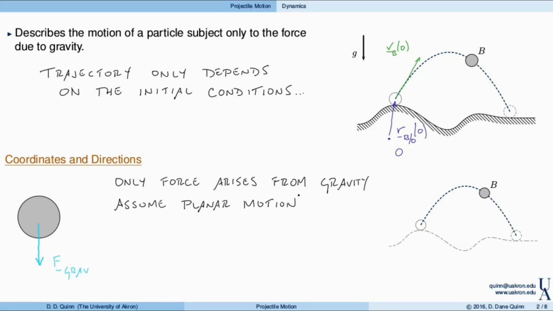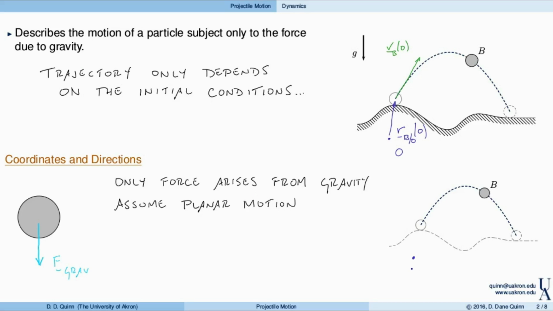Now, we need to describe ultimately the kinematics of this system. So we need to determine coordinates and directions that will allow us to determine the configuration of this ball.